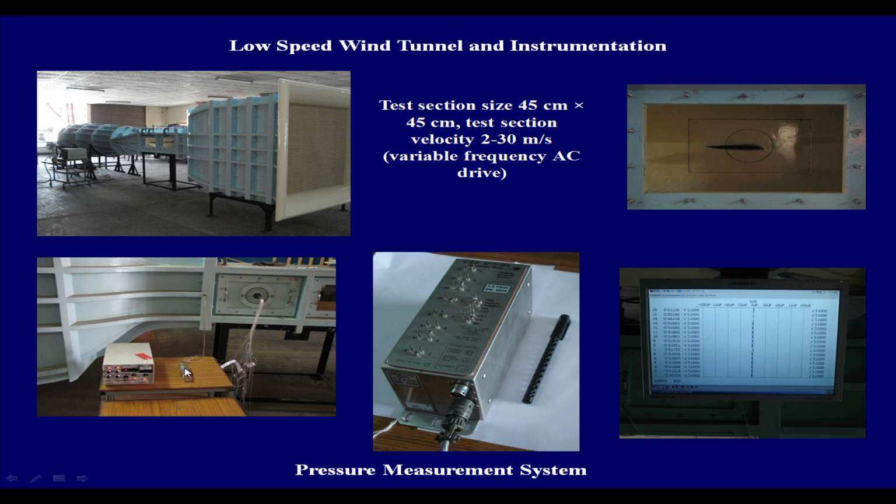And this pressure scanner is actually getting some voltage from this signal conditioner unit. That voltage excites the Wheatstone bridge, which is sitting in the heart of that pressure scanner, and that gives us the output voltage from the Wheatstone bridge when it is receiving some pressure.